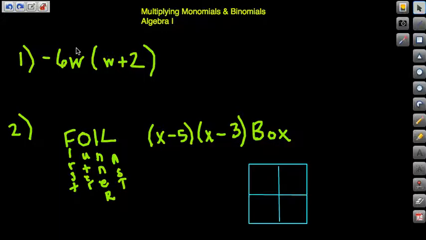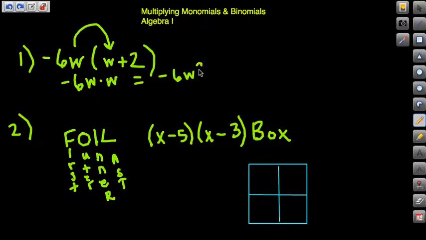So I'm going to multiply the negative 6w and the w. Start with that. So negative 6w times w, which is negative 6w squared.